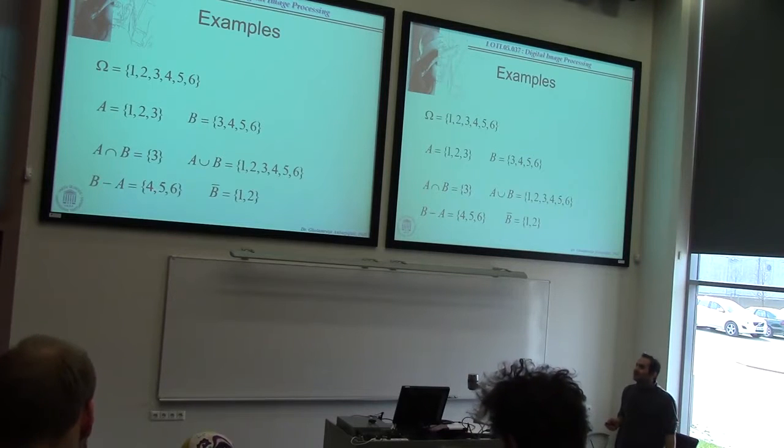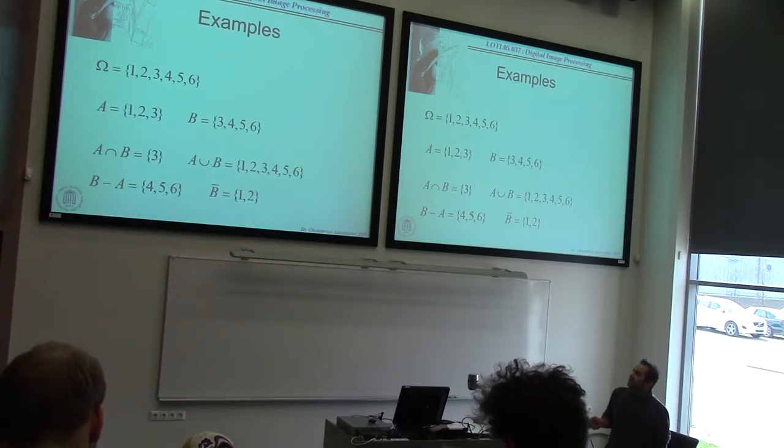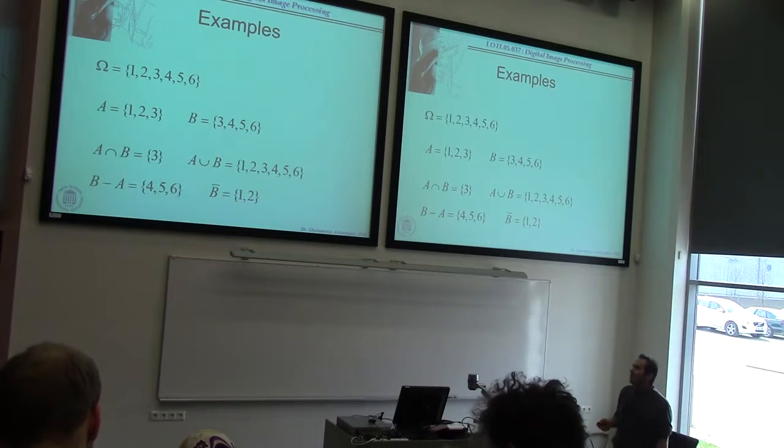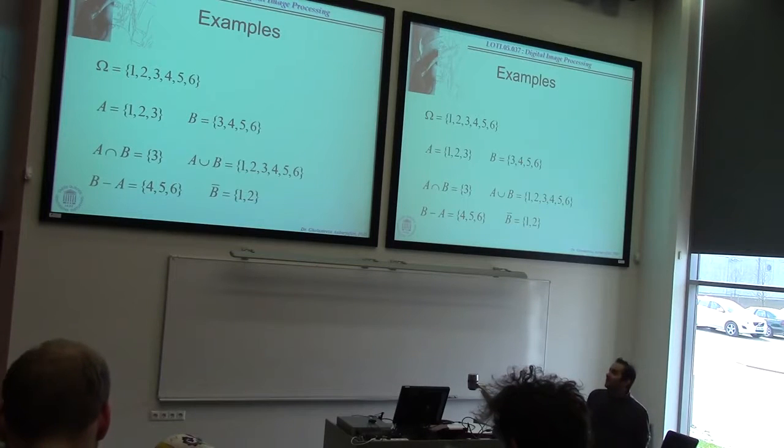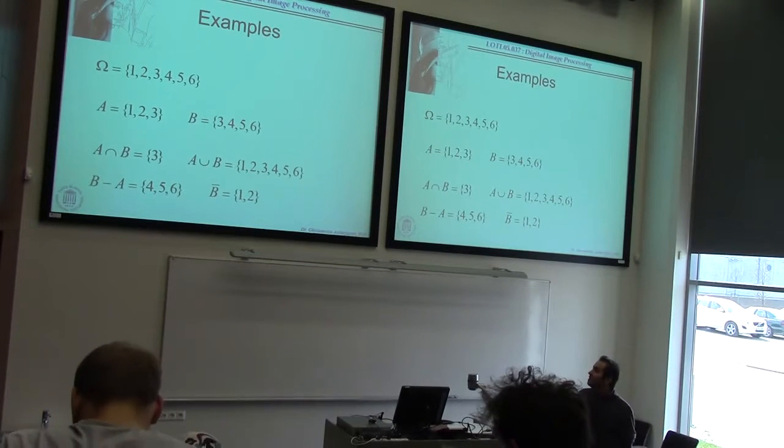B minus A is 4, 5, 6 because we remove the 3 since it intersects with A, and the complement of B is 1 and 2 because we know that the universal set is like this.